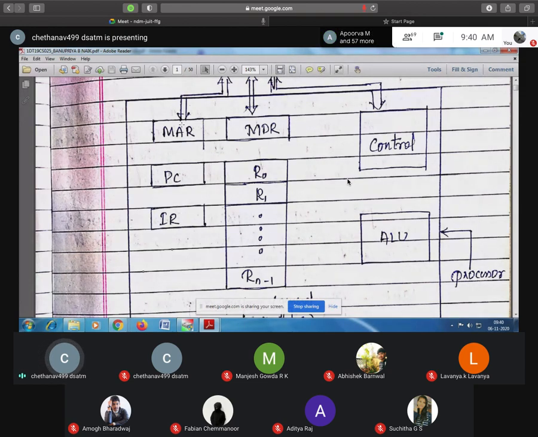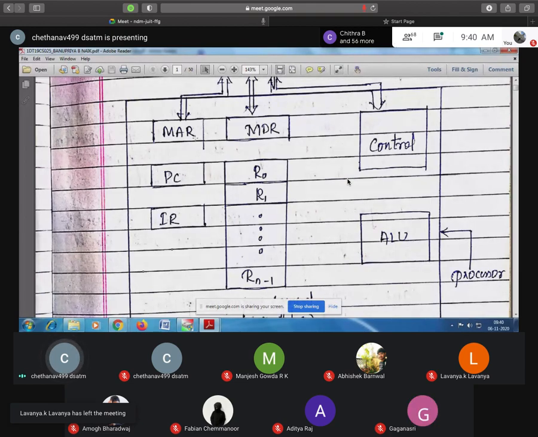Program counter is a register which holds the address of the next instruction which the processor will execute. That's about PC.